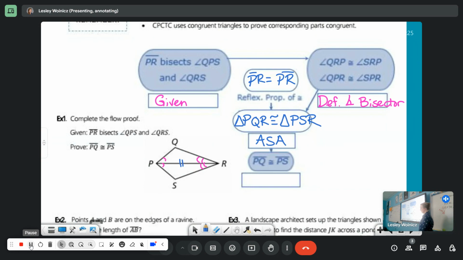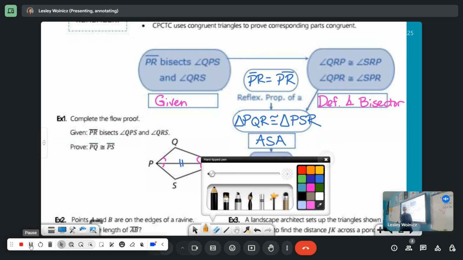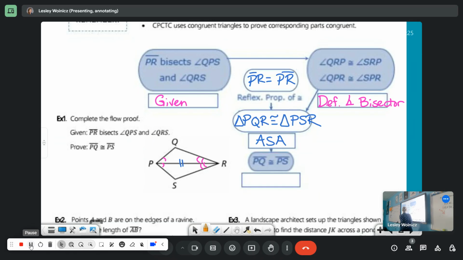Now I'm allowed to say that some of these other parts are congruent. I'm allowed to say that PQ is congruent to PS. How do I know that? Yeah, all the corresponding parts have to be congruent.